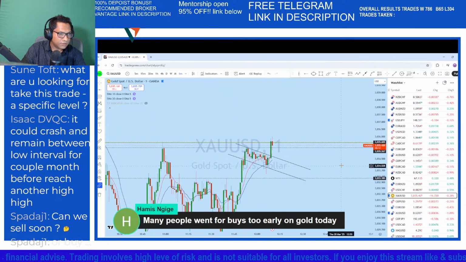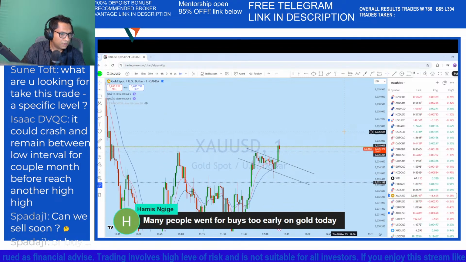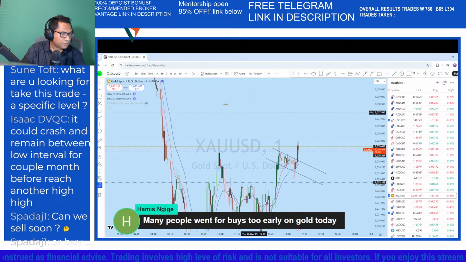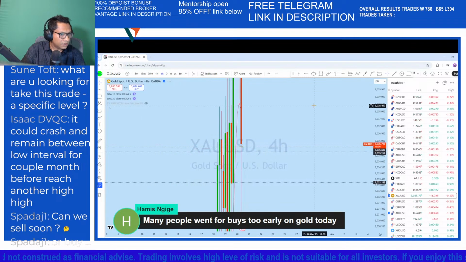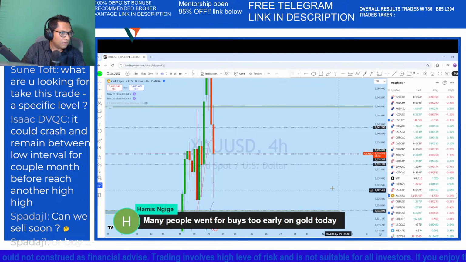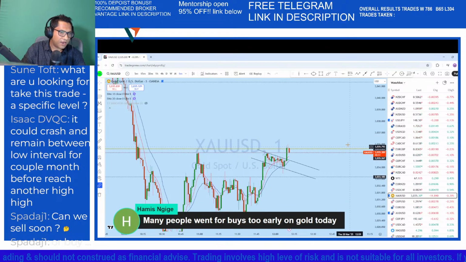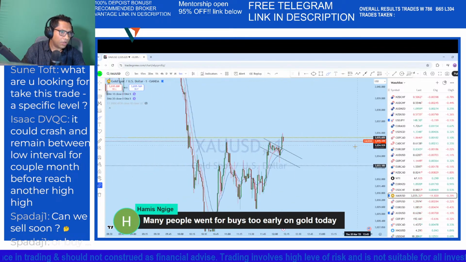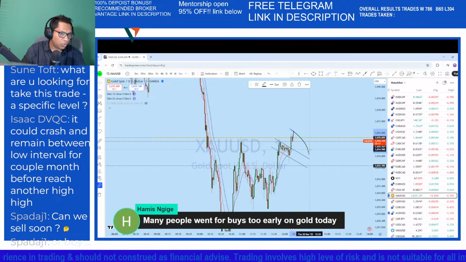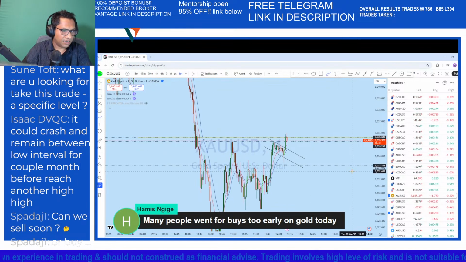Let's see if this is a false breakout. Okay, so there is a probability that if the market managed to break out, we may see the price coming again in the direction.